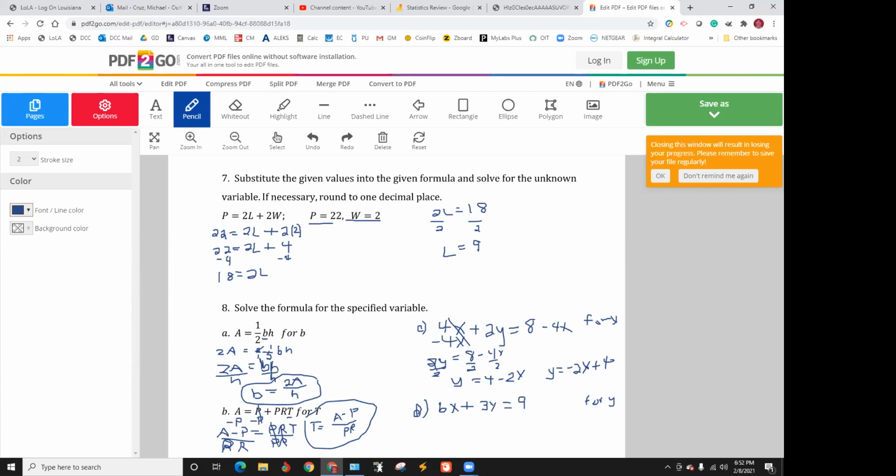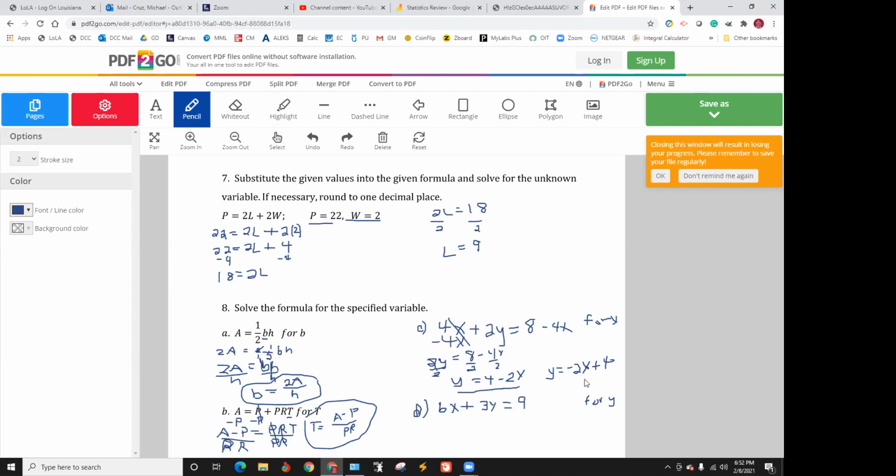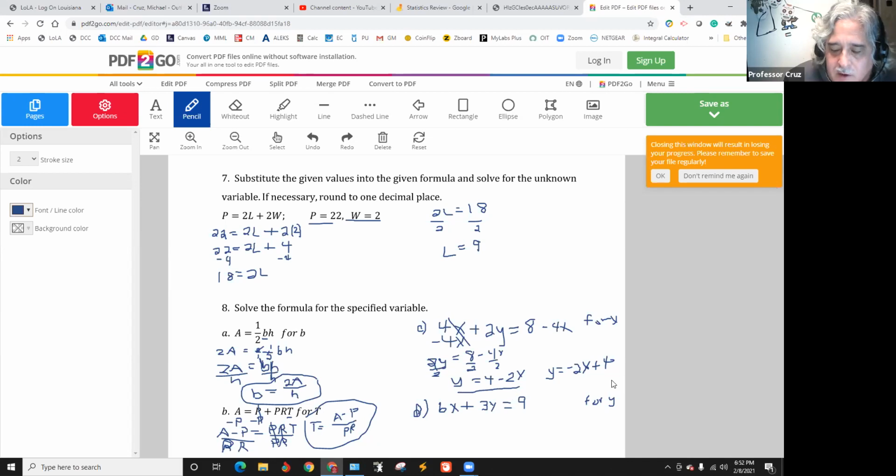How you got -2x plus 4? 8 divided by 2 is 4. -4 divided by 2 is -2. Right? And then I just turned it around because, as I explained, there's something called the slope intercept form, and it's y is equal to mx plus b.